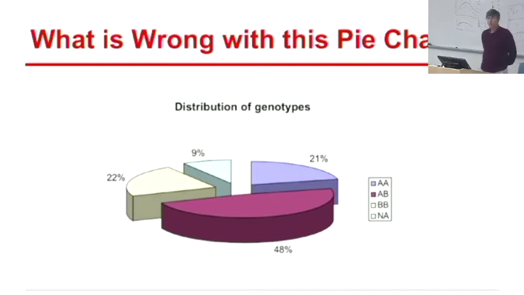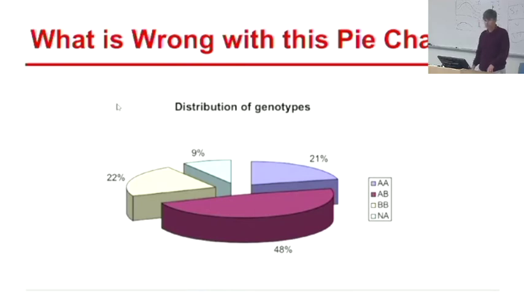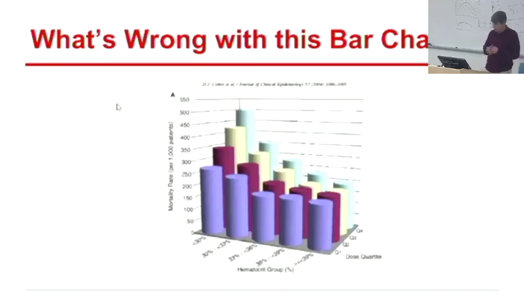What is wrong with this pie chart? How many numbers are on this pie chart? Does everybody see that we could have represented this perfectly well by replacing the colors here with the actual numbers? And this tiny thing would have conveyed all the information that that thing has, right? So that's a bad thing.